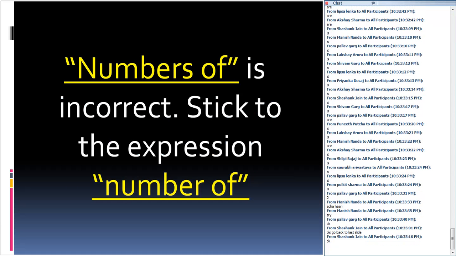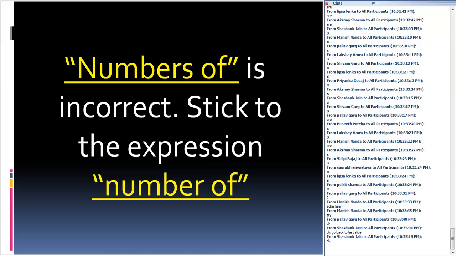Okay, another thing is that many people use the expression numbers of. Numbers of बहुत लोग use करते हैं. Frankly speaking, according to British English, numbers of is incorrect expression. ठीक है, numbers of incorrect expression होता है. We should stick to the expression number of.